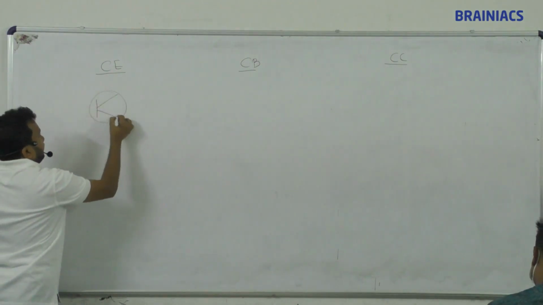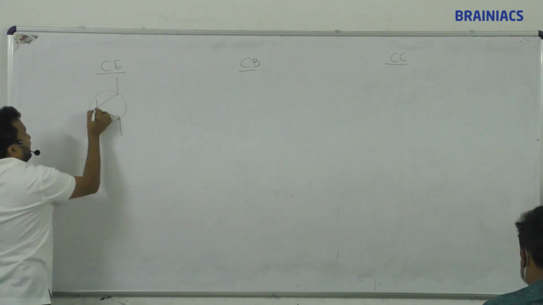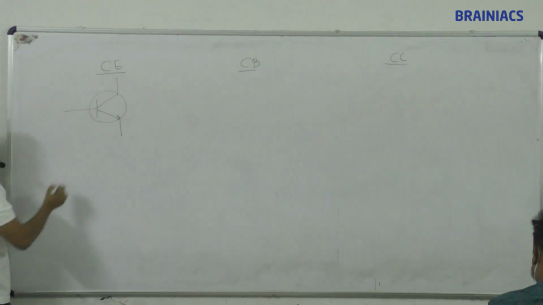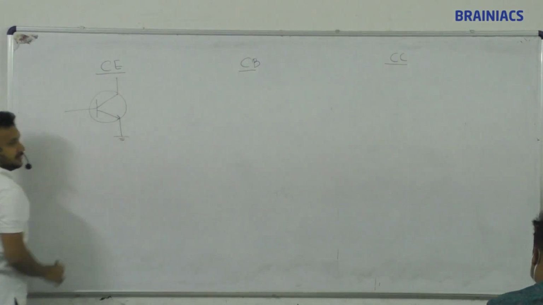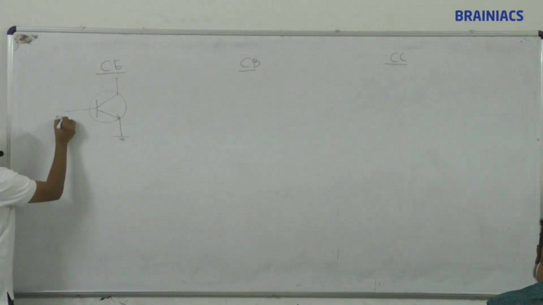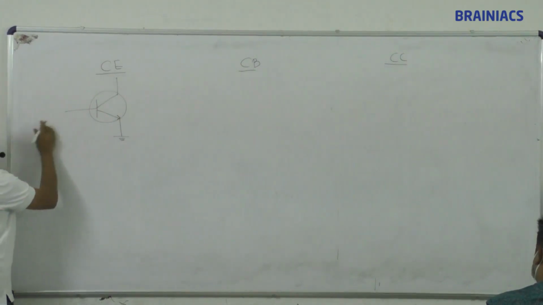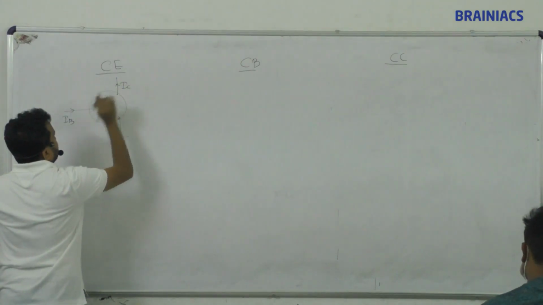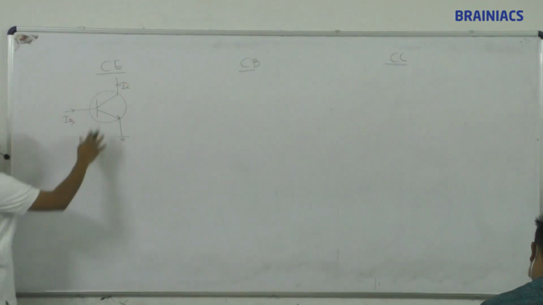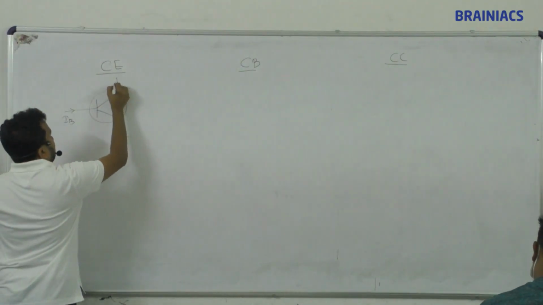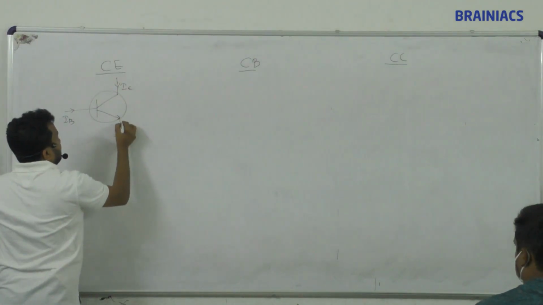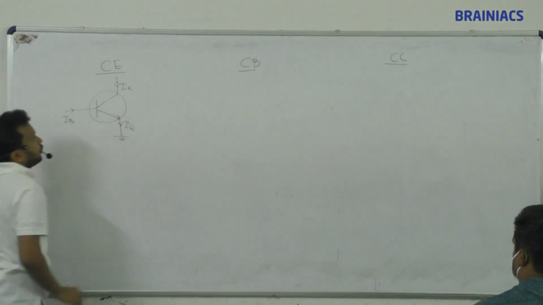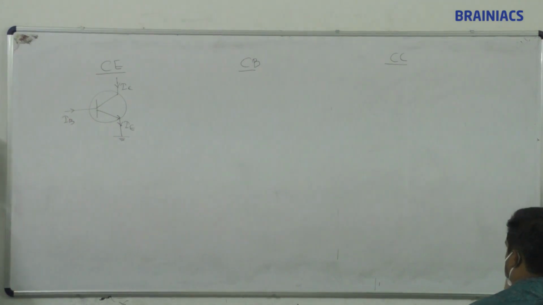Common emitter means the emitter is grounded, and this is the input. Input is IB and output is IC, and this is IE. This is common emitter, grounded.